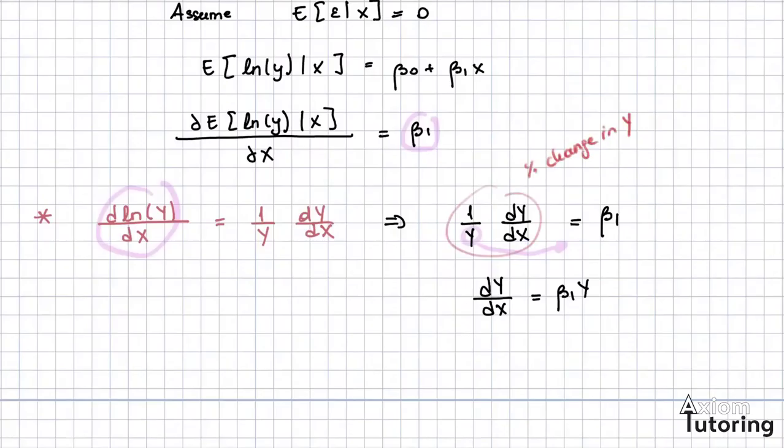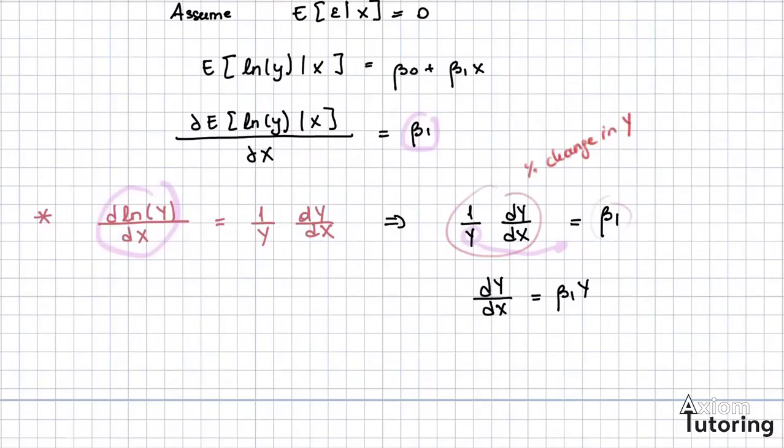So overall, what we're saying is that a 1 unit increase in x changes y by approximately this beta 1, which normally we'd have to multiply by 100 to turn into a percentage. So 100 beta 1 percent. That's the approximation.